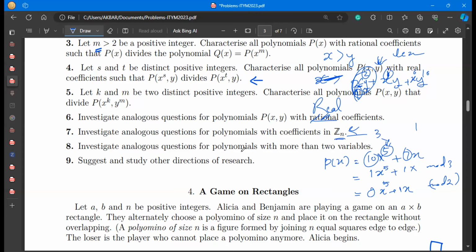And you have to do the same for polynomials with more than 2 variables. Now you have a variable x, a variable y, and a variable z or t, w, any character from any alphabet would work.